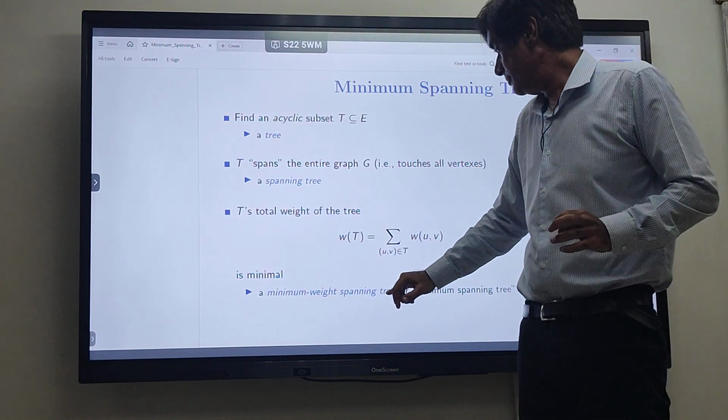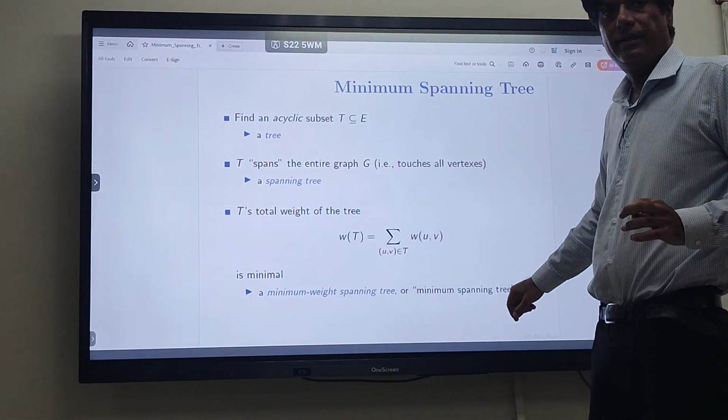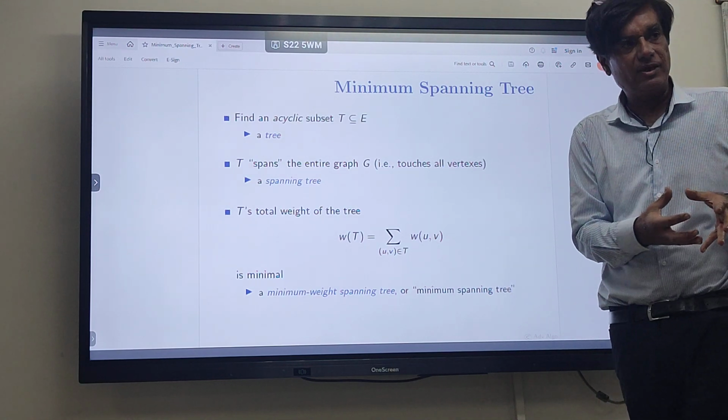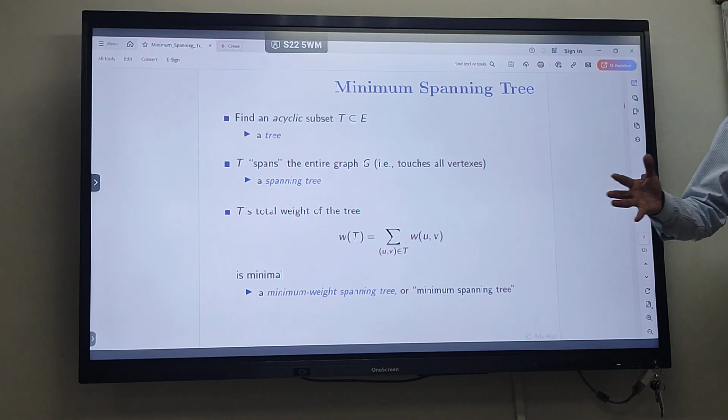So a minimum weight spanning tree, or a minimum spanning tree, is a spanning tree that has a minimum weight. In simpler words, all that we want is a tree that spans the whole graph and whose total weight is the minimum possible.